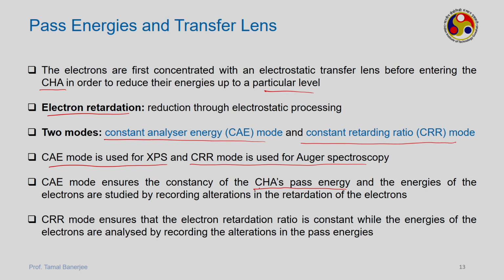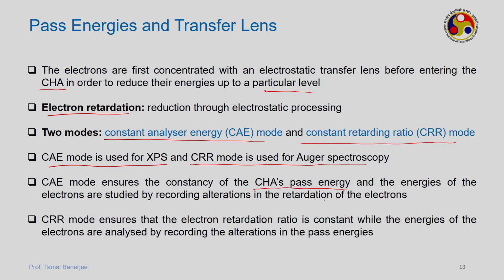So, whatever electrons enter the system, the analyzer will have similar energies when they get out. We are looking at electrons which have similar energies, so we pass those electrons through that system having a unique energy, and then the energies of the electrons are studied by recording alteration in the retardation of the electron.